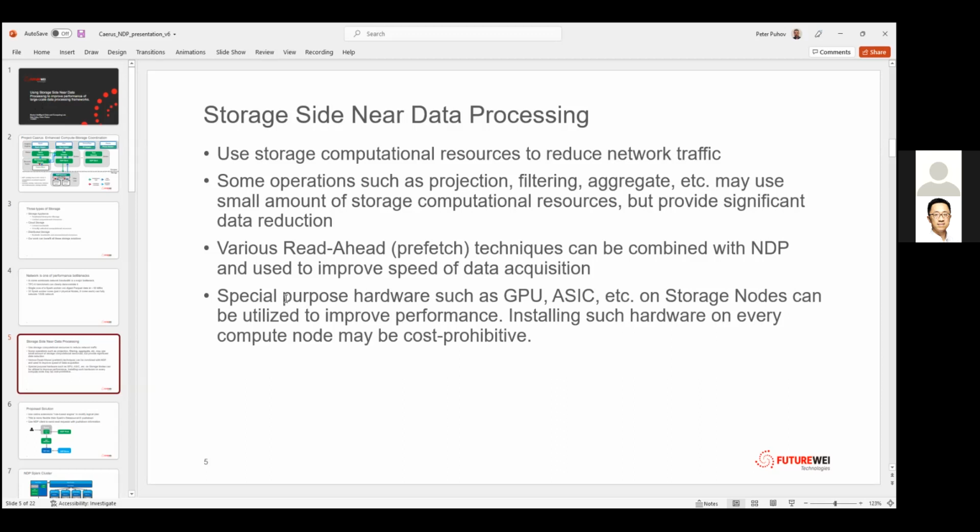Filtering can significantly reduce the amount of output data. Aggregates, especially with the group by, also can very significantly reduce the amount of data. However, the group by operation may be expensive. It depends on how the data is laid out.